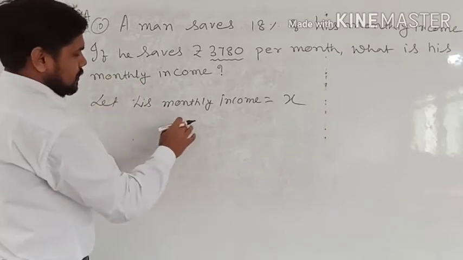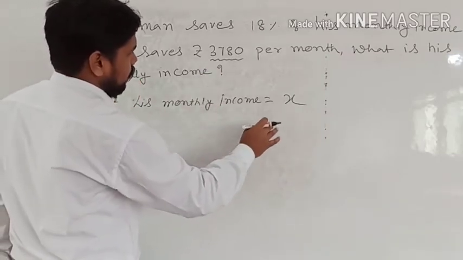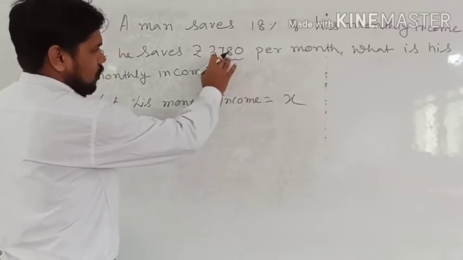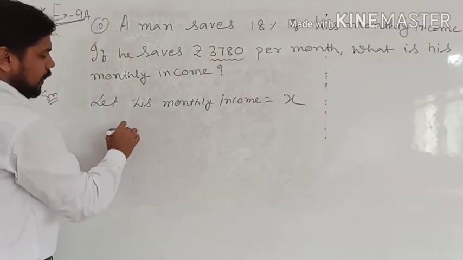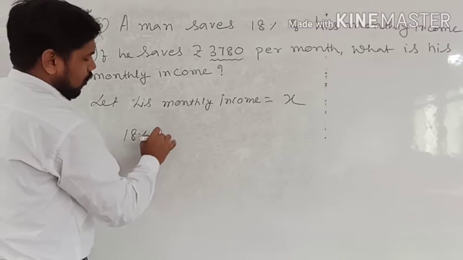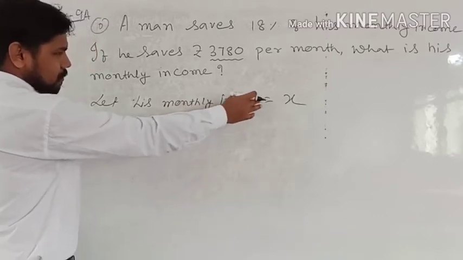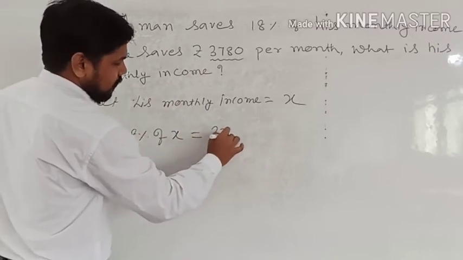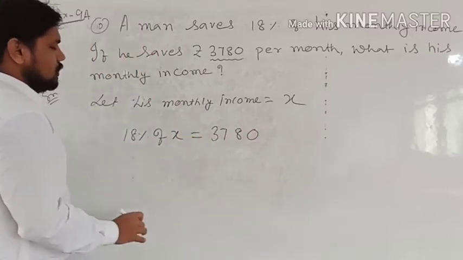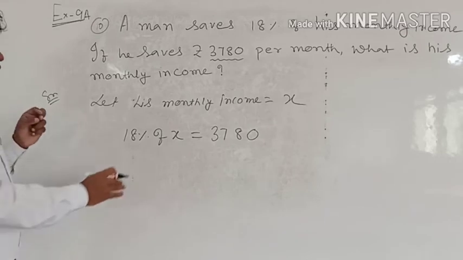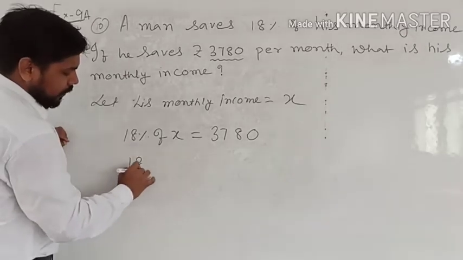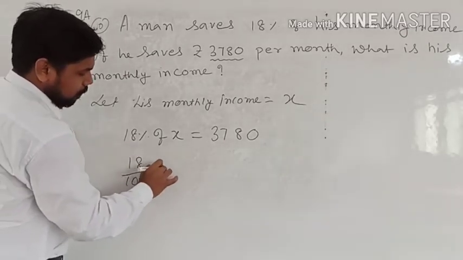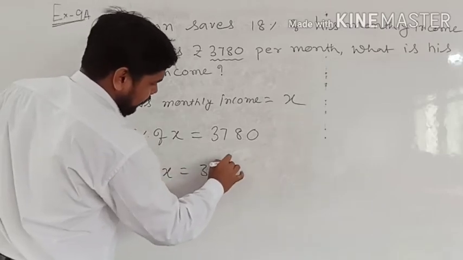We write 18% of x is equal to 3780. 18% of x means 18 divided by 100 multiply x is equal to 3780.